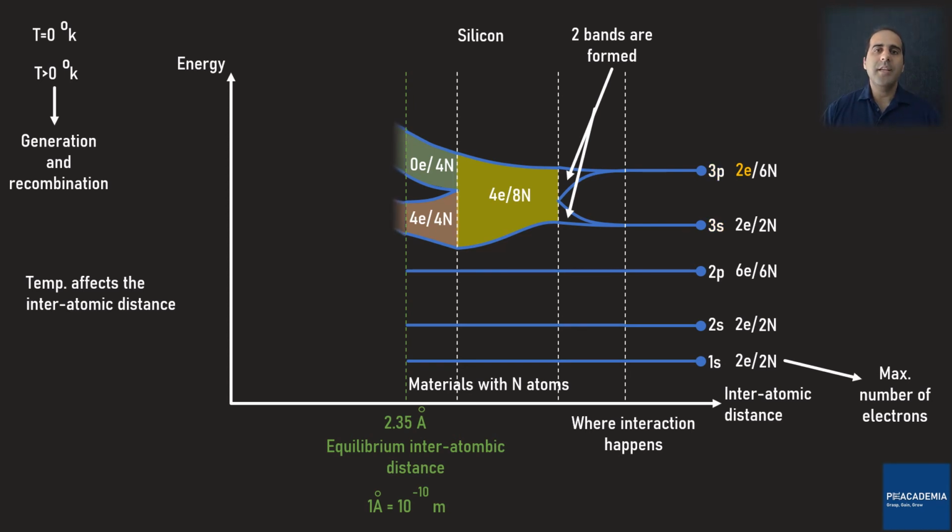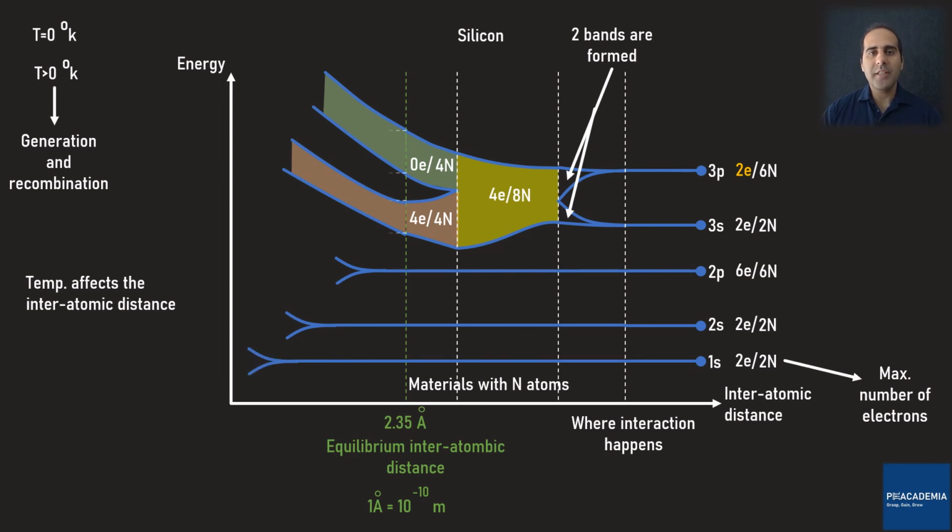Further decreasing the interatomic distance beyond the equilibrium point requires the exertion of considerable pressure and energy. Although atoms do not go beyond the equilibrium interatomic distance under normal conditions, if for some reason that happened, the splitting could happen for the sublevels 2p, 2s, and 1s.